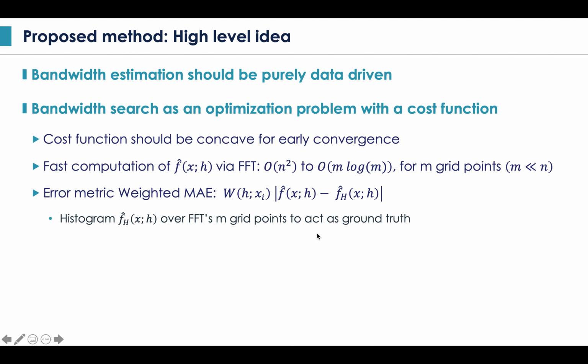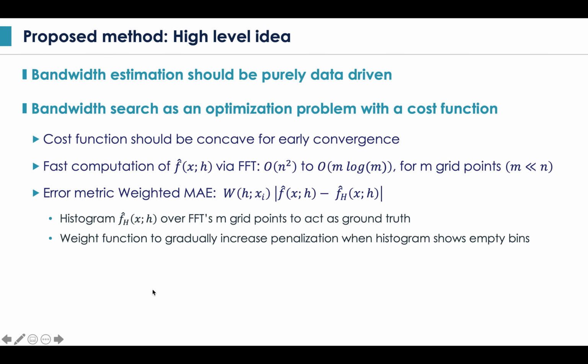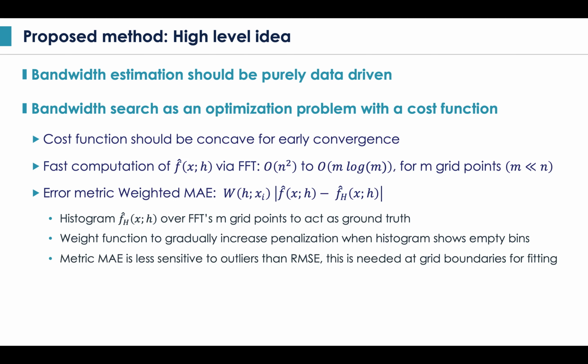So this acts as a ground reference for comparing the error with the estimated density by FFT. We want the weight function to gradually increase the penalization when the histogram shows empty bins. So whenever the actual evidence is not present, but the estimation is showing that, we want to penalize it with more and more penalization as we go away from reality.